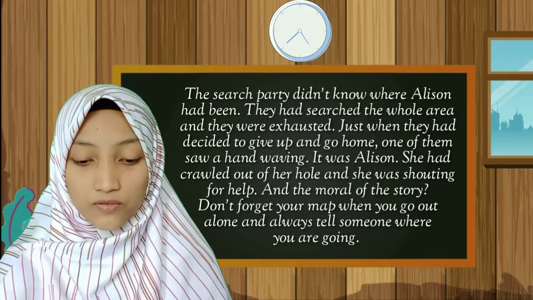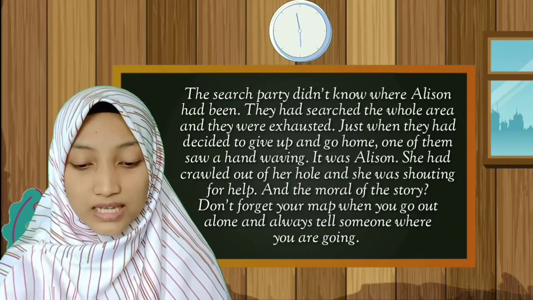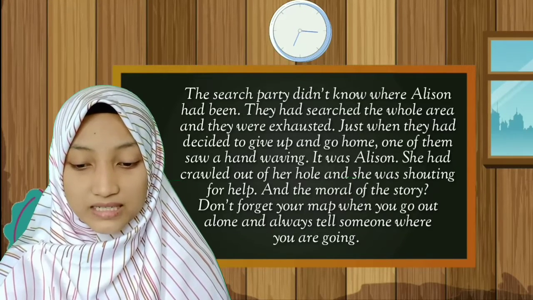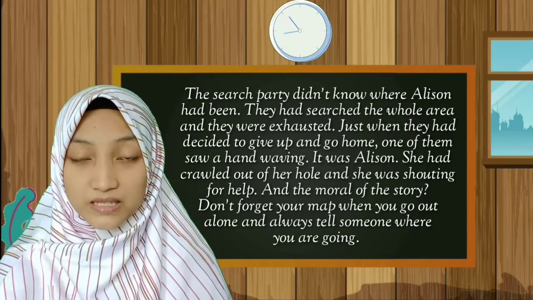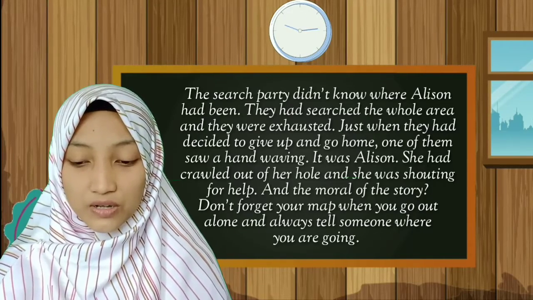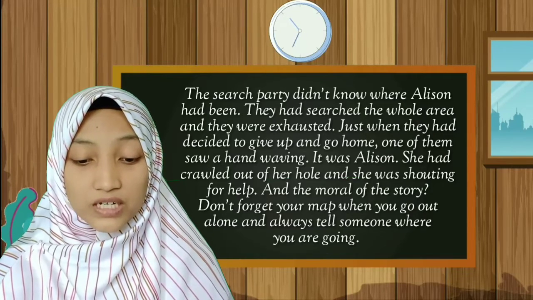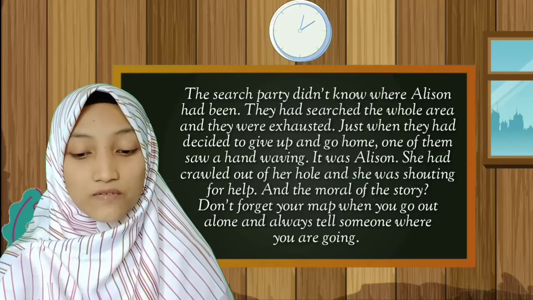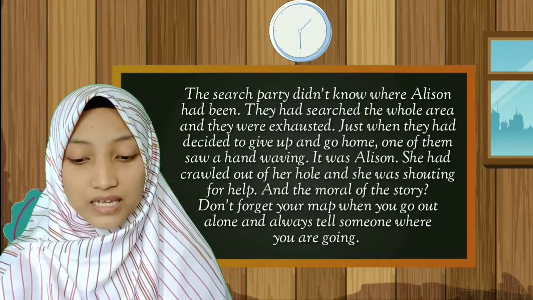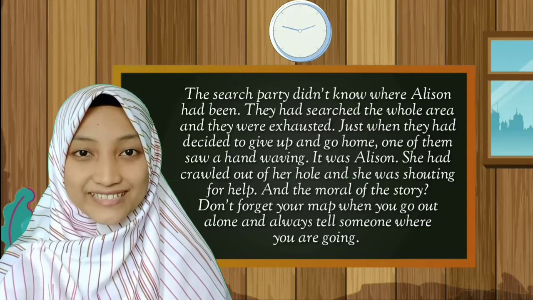"One of them saw a hand waving" is past simple tense. "It was Alison" is past simple tense. "She had crawled out of her hole" is past perfect tense. "She was shouting for help" is past continuous tense.